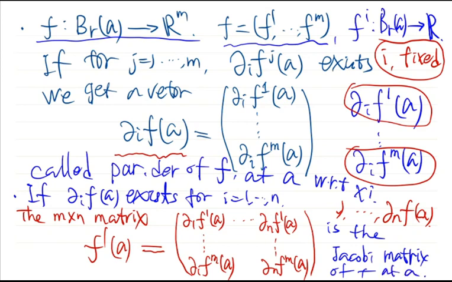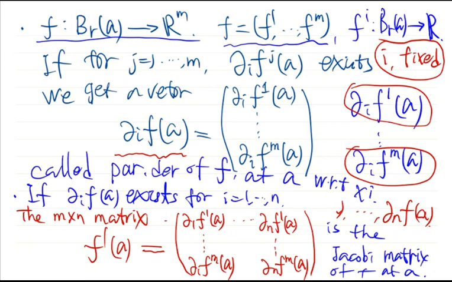The Jacobian matrix consists of all the partial derivatives of all the components of f, arranged in this way. The rows are the components of f.